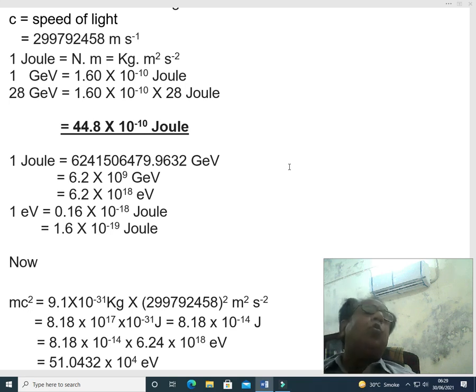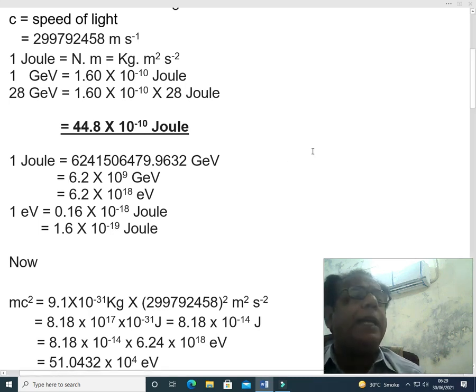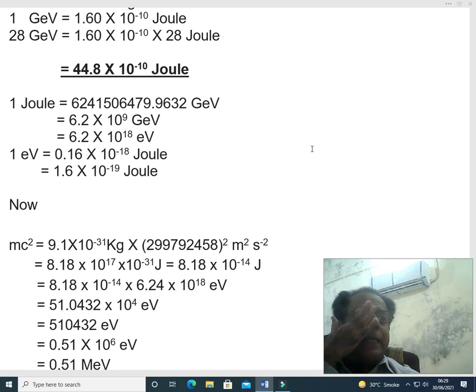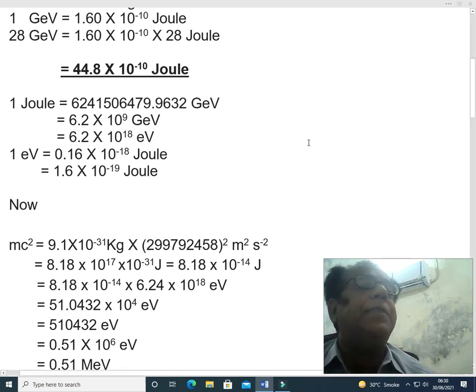Consequently 1 electron volt will become equal to 1.6 into 10 raised to the power minus 19 joule. What we have done, we have shifted the decimal one step ahead, that is 0.16 has been converted into 1.6. That is why 10 raised to the power minus 18 has been converted into 10 raised to the power minus 19 joule.